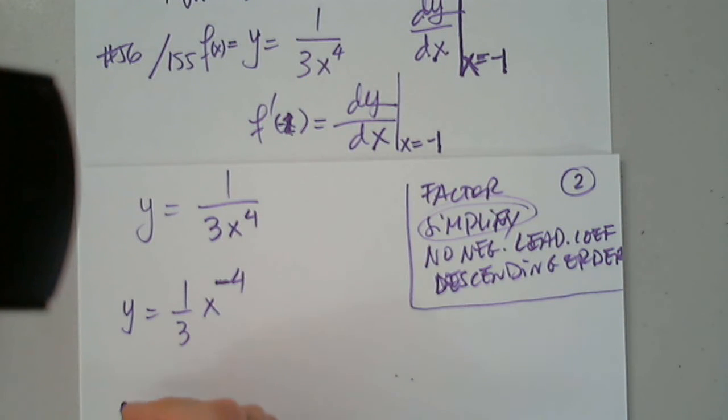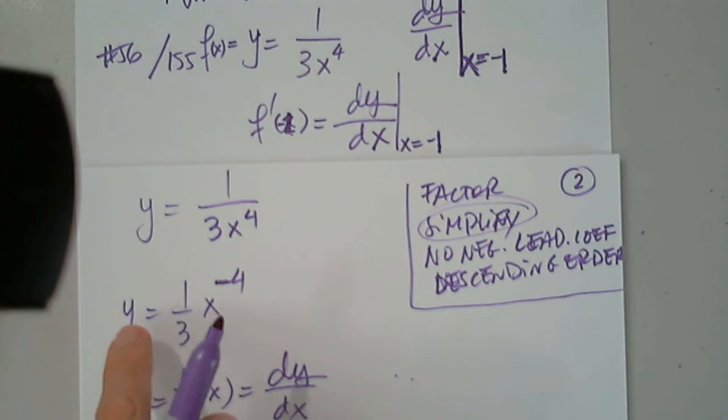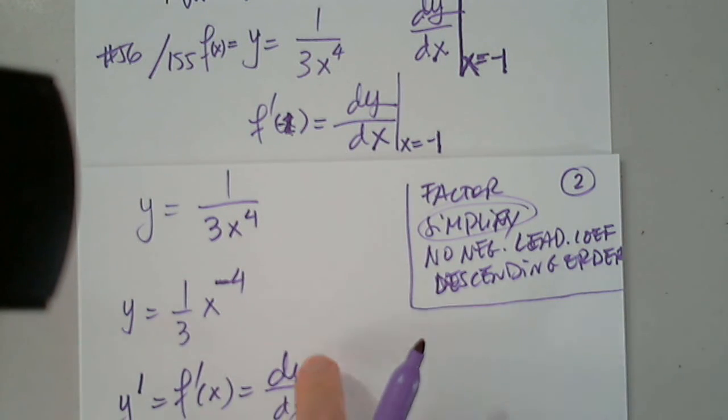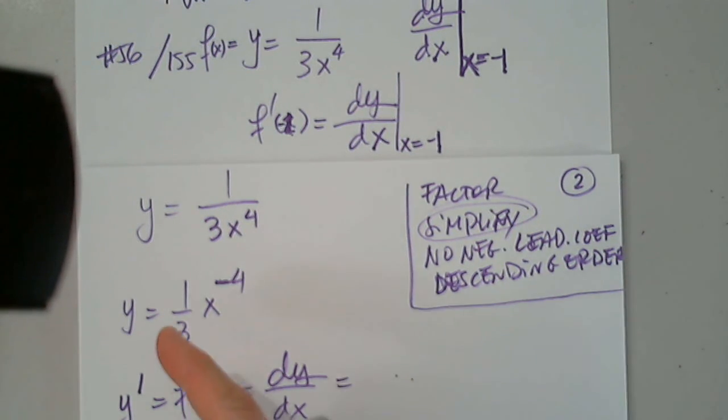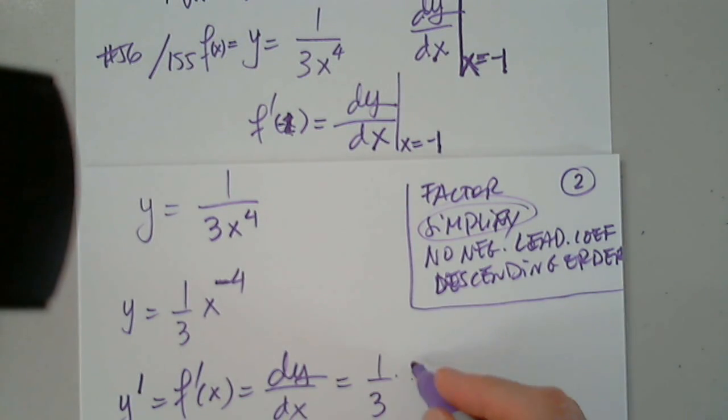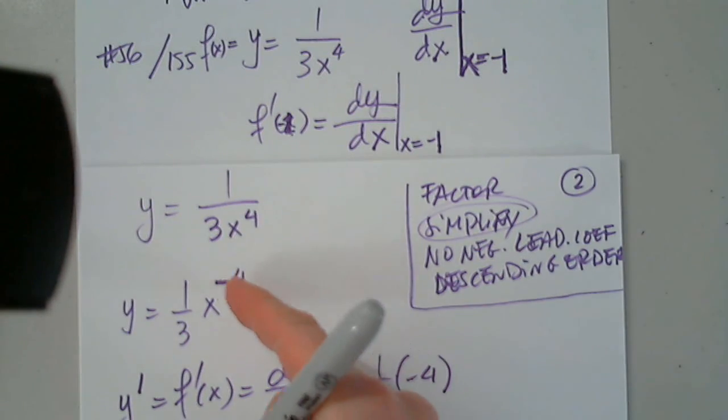Why? Because now y prime or f prime of x or dy over dx, they all mean the same thing. The derivative of y, the derivative of the function, because y and f of x are the same, or dy over dx using Leibniz notation, is the same thing. The constant stays outside. I bring down negative 4 and subtract 1 from the power.